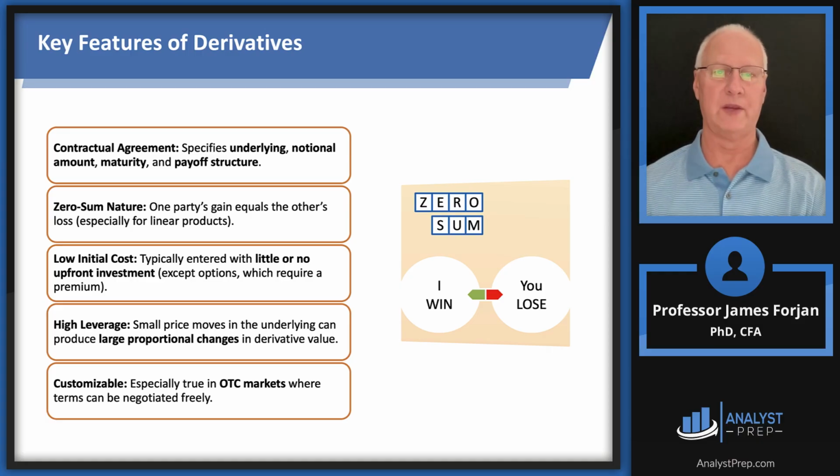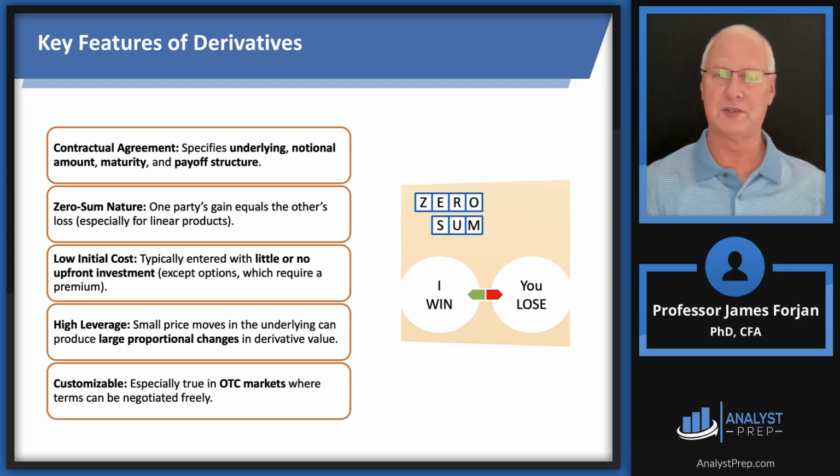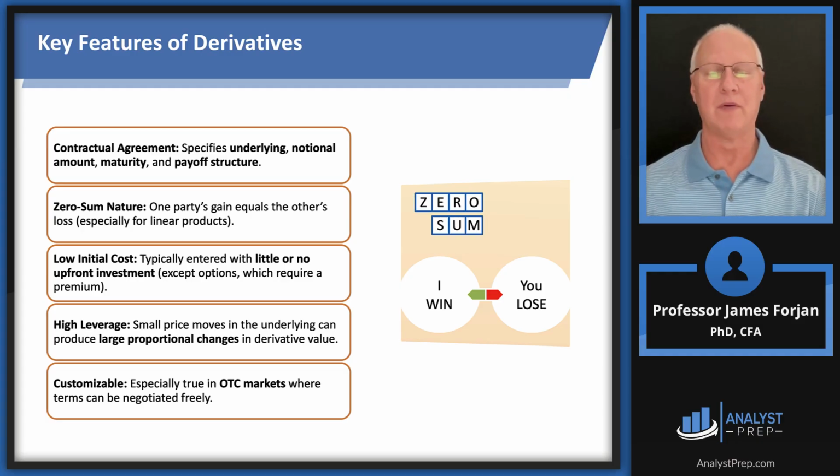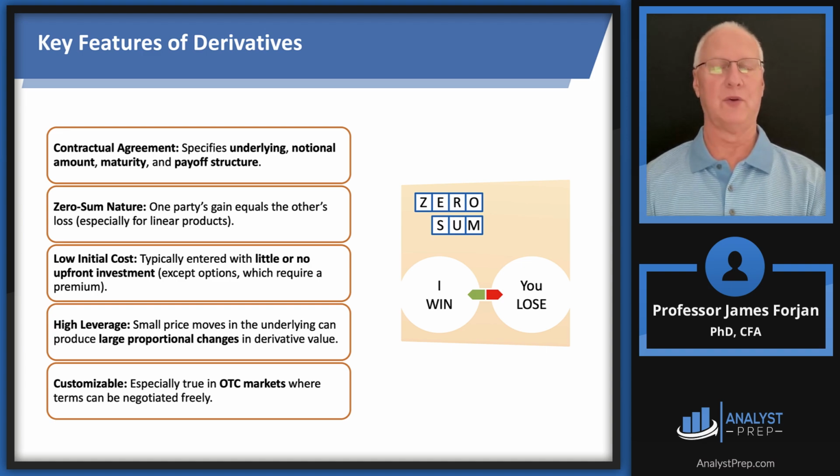Leverage, of course, means that we're trying to magnify returns. Now that's a good thing if we're magnifying positive returns, but it's not so good if we're magnifying negative returns. So remember that leverage works both ways. Almost always, when you think about leverage, you think about some kind of a debt position, whether it's a personal loan or a bond issue or something.